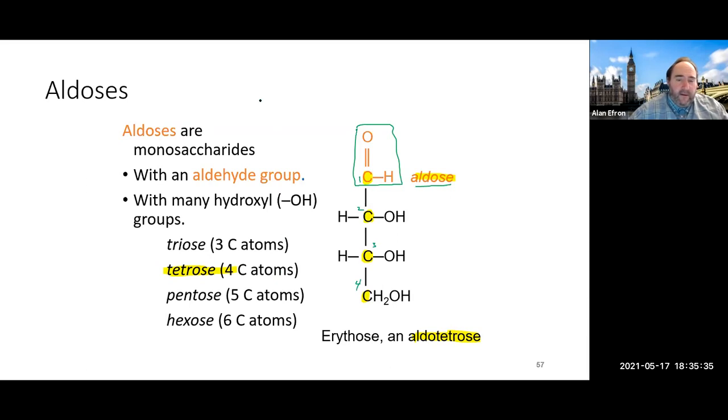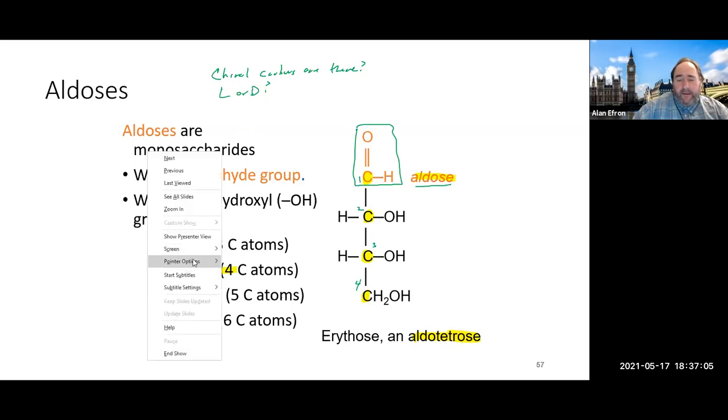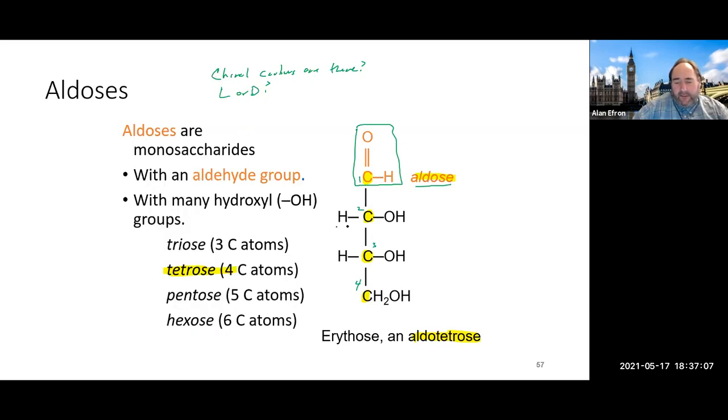First off, take a second and determine how many chiral carbons are there. And is this L or D? So take a second and see what you come up with, and we'll talk about it. Carbon number 2 has a hydrogen. It has an OH group.